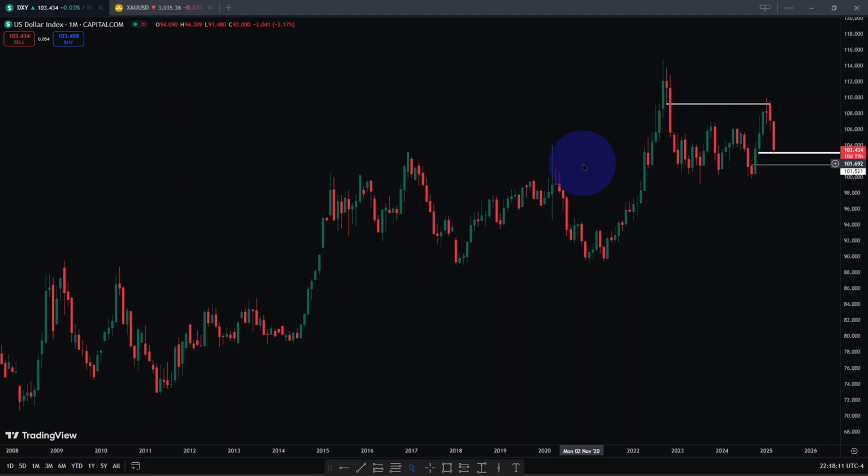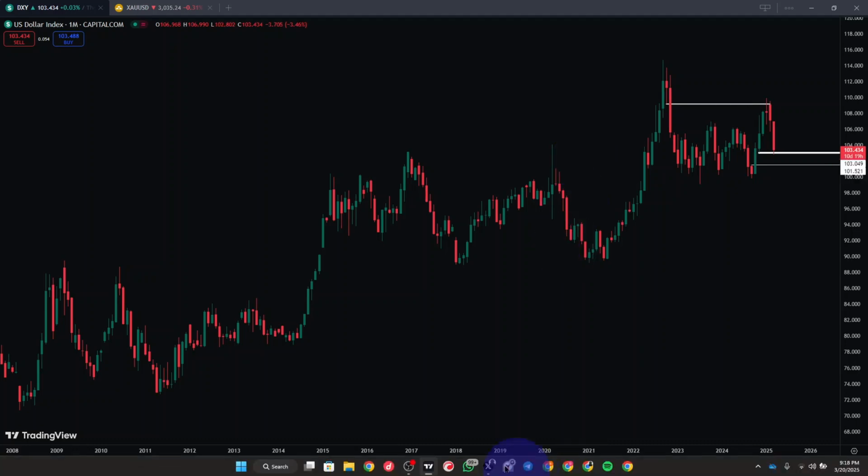Okay, where the draw on liquidity is, because high time frame institutional order flow bends market structure to its will, and that's the truth. It bends market structure to its will because how is it that the markets could really go lower and still be bullish?